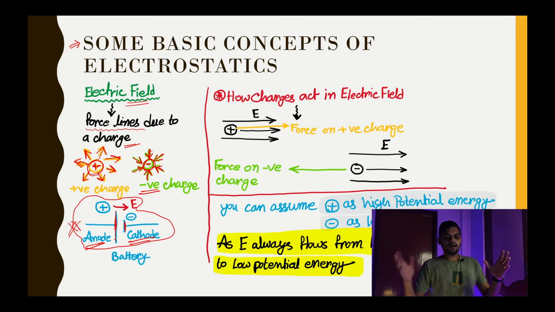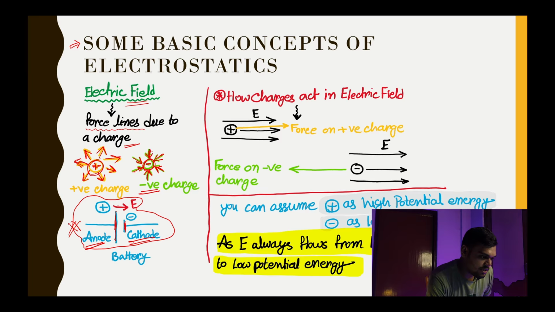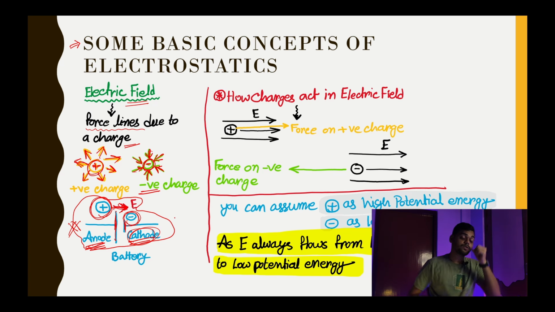So we get an electric field from the positive charge to the negative charge. As directed in this PPT, you can see the positive plate, the anode, and the cathode, which is the negative plate. The electric field line goes from the positive plate to the negative plate, or you can say from anode to cathode.